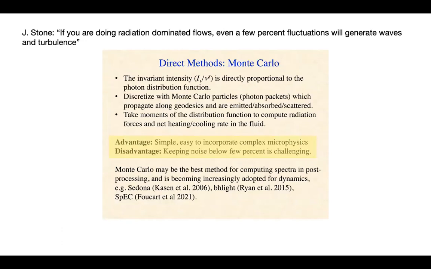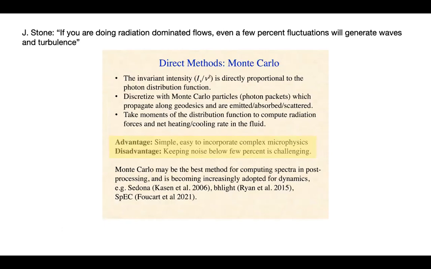So here's another popular method that I would say has its stock currently rising. There are a number of very successful and publicly available Monte Carlo codes, which have been applied both for photon transport and neutrino transport.